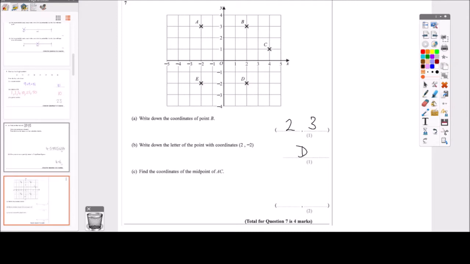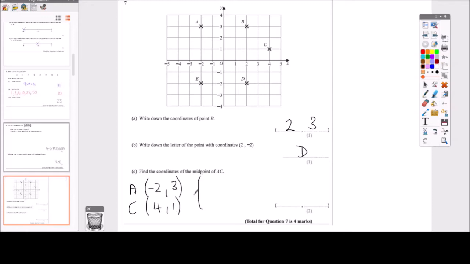Now find the coordinates of the midpoint of AC. So for the midpoint of any 2 coordinates, you just average the x coordinates and you average the y coordinates. So the A coordinate is minus 2, 3. The C coordinate is 4, 1.